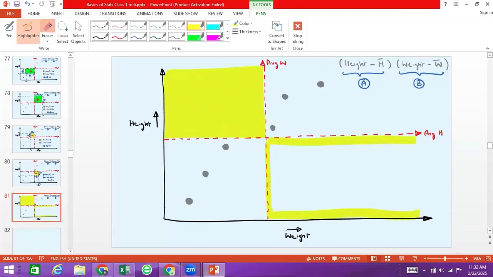Let me actually remove these points for now. But once you have calculated the average, any point which will fall into these two quadrants will project a negative area.